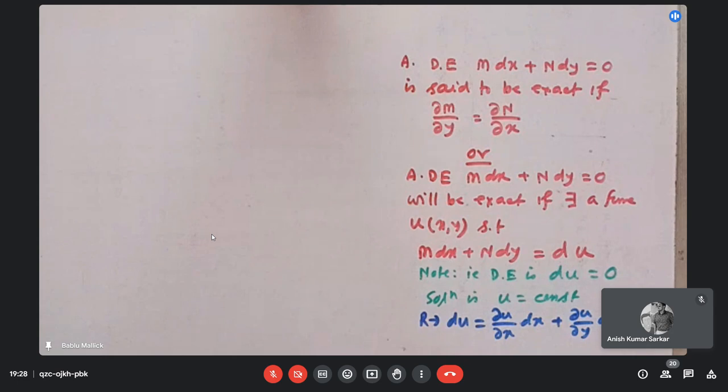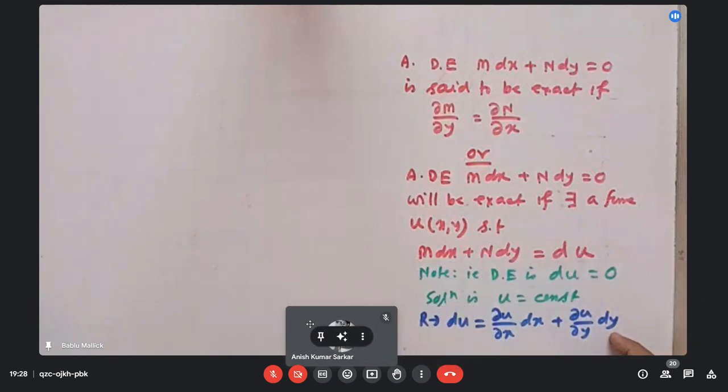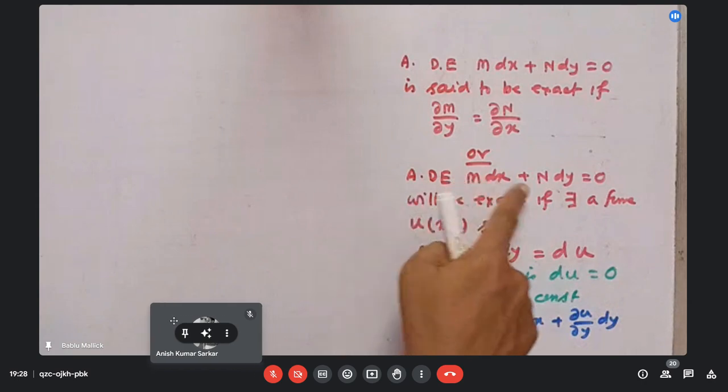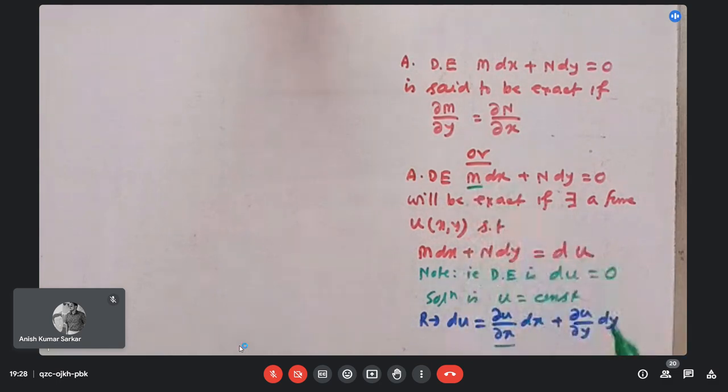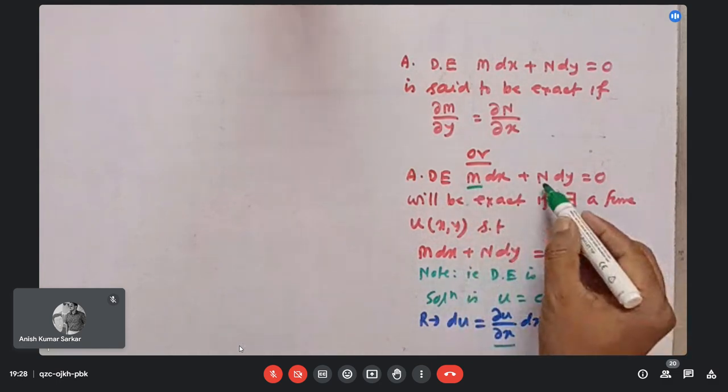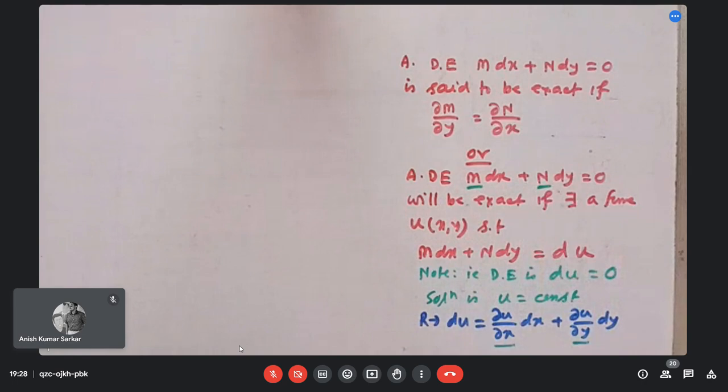So if I compare this differential equation with m dx plus n dy, then del u by del x will be m and del u by del y will be n. I shall use these results.